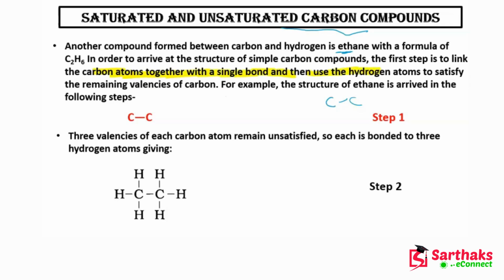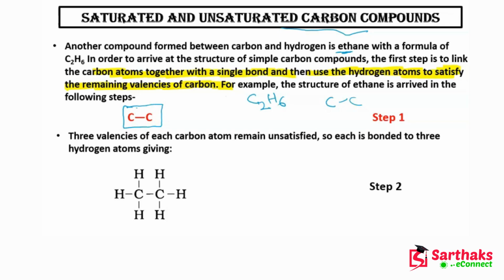Then use the hydrogen atoms to satisfy the remaining valencies of carbon. Let's take an example. We have to draw the structure of C2H6. Because there are two carbons present, I will simply connect these two carbons with a single bond.